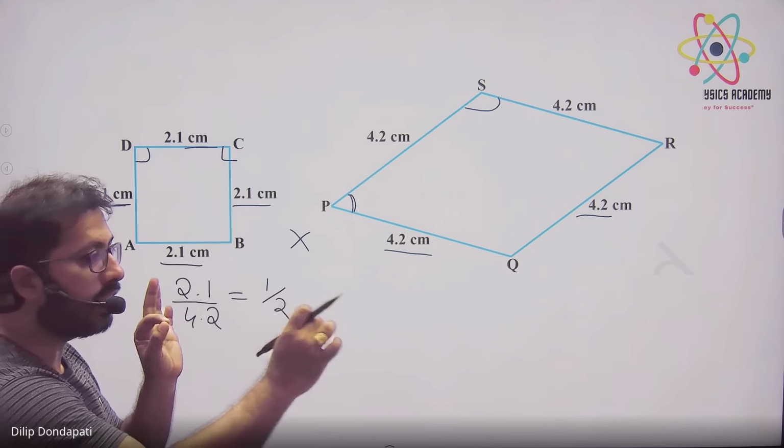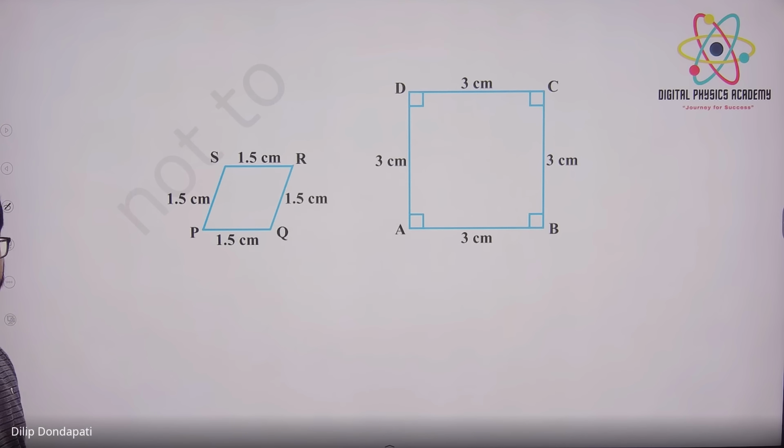ओके, चलो. नाउ यू टेल मी, हासिका, they are similar or not similar? Similar. Why? What are the two conditions? The angles and the sides. पूरा ratio statement बोलो.